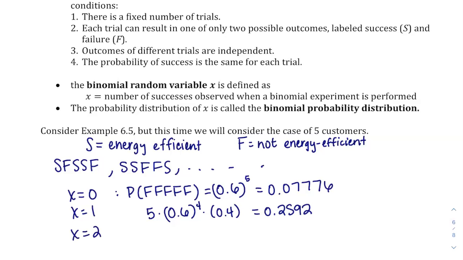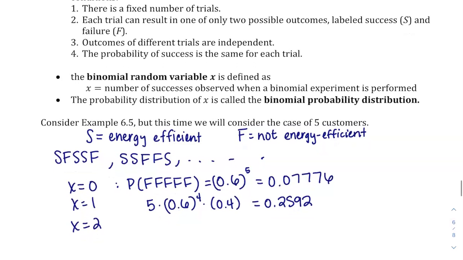Now, what about the 2? This one is definitely a little trickier because we're looking for 2 successes, and they can be in the first and the second, the first and the third, the second and the third. There's all sorts of different arrangements for that. So this is where we are getting into the actual formula for the binomial distribution.